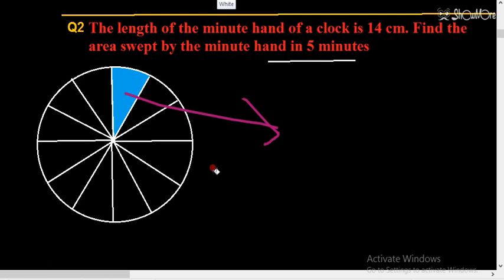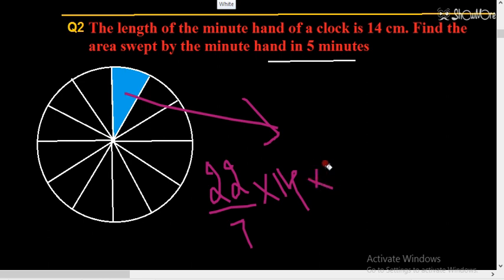I am using 22 by 7, this is the value of pi. So pi into r square, 14 into 14, into theta by 360, because in this case we are finding the area of a sector. So that's why we are using theta.